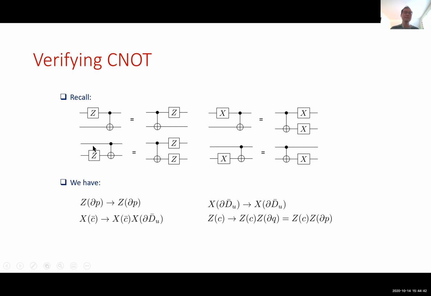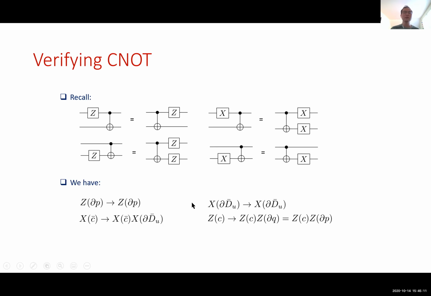My Z of the primal qubit stays Z on the primal qubit, but my X on the primal qubit becomes X on the primal qubit and also on the dual qubit.